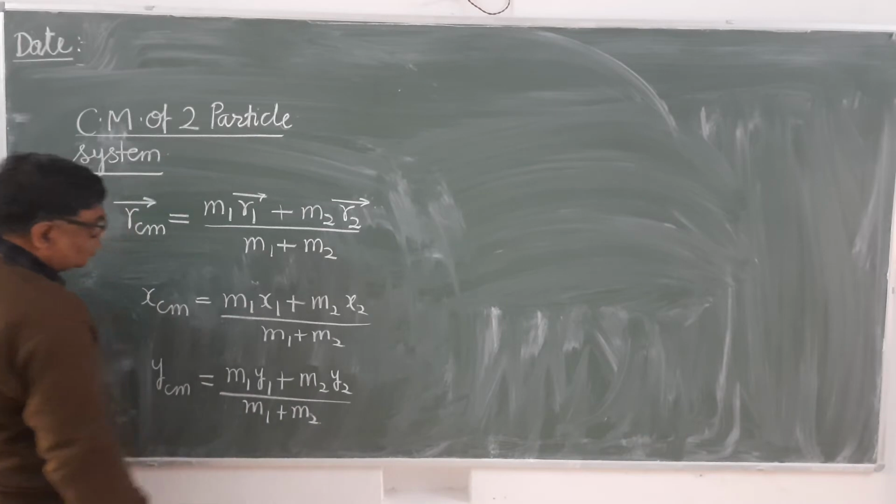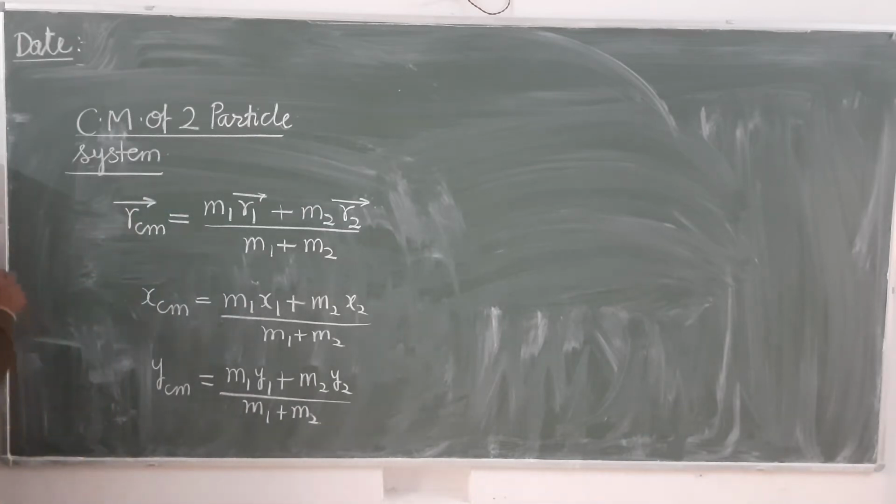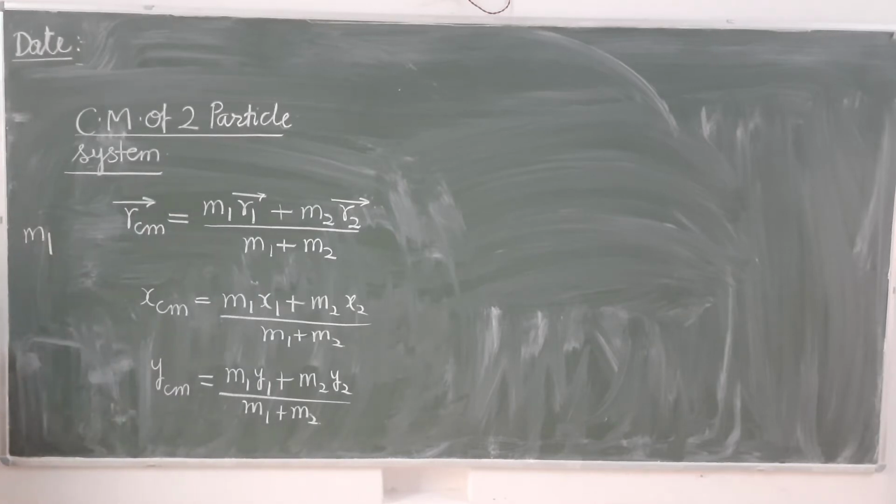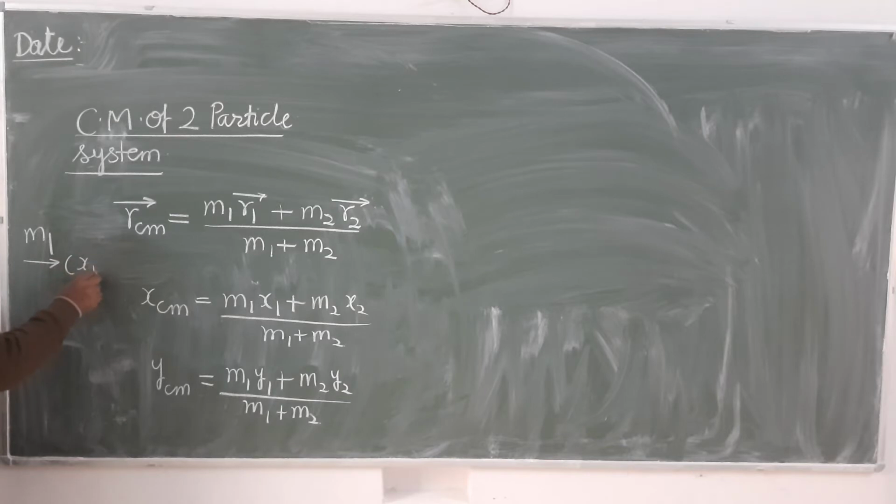Here we have assumed that the particle of mass m1 is situated at the point whose coordinates are x1 y1, and the particle of mass m2 is situated at the point x2 y2. It is clear? So the Cartesian coordinates of center of mass we can obtain this way.